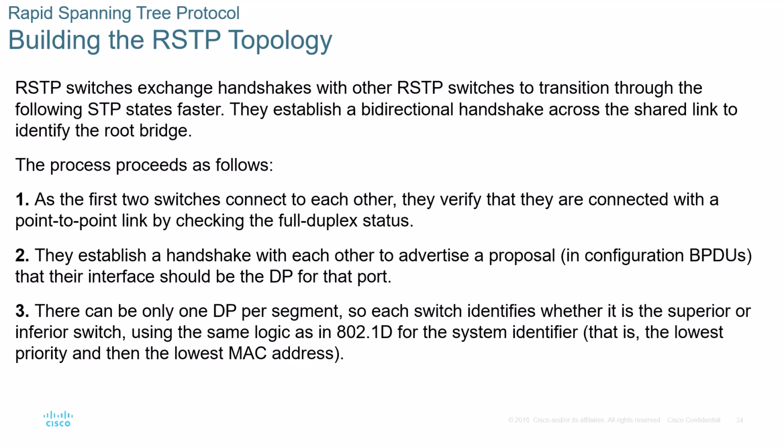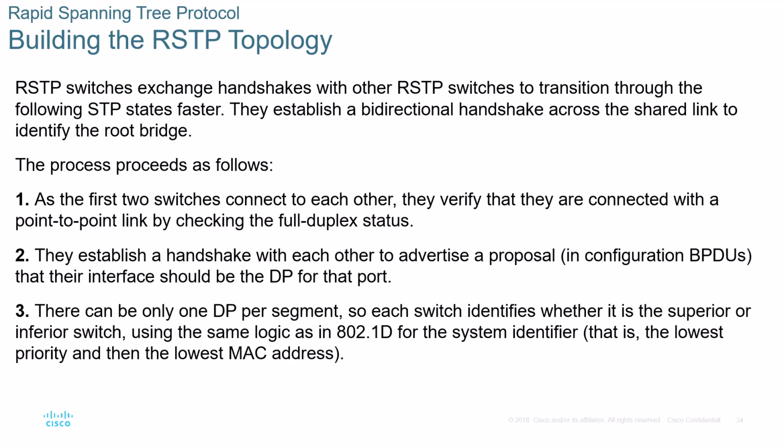They verify that they are connected with a point-to-point link by checking the full duplex status. Once that has occurred, they will establish the handshake with each other via an advertised proposal, the configuration BPDU, saying that their interface should be the designated port for that link, because they'll both identify as the root bridge at that point.